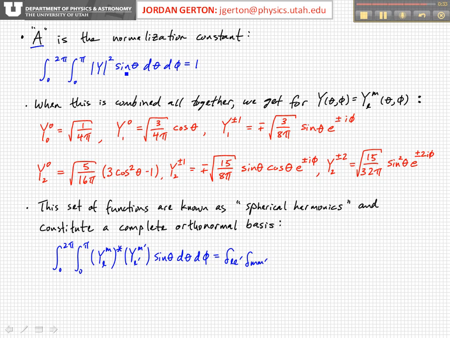When we're doing integrations in the angular directions in polar coordinates, we have to multiply by sine theta d theta d phi, and that whole integral has to be equal to 1.